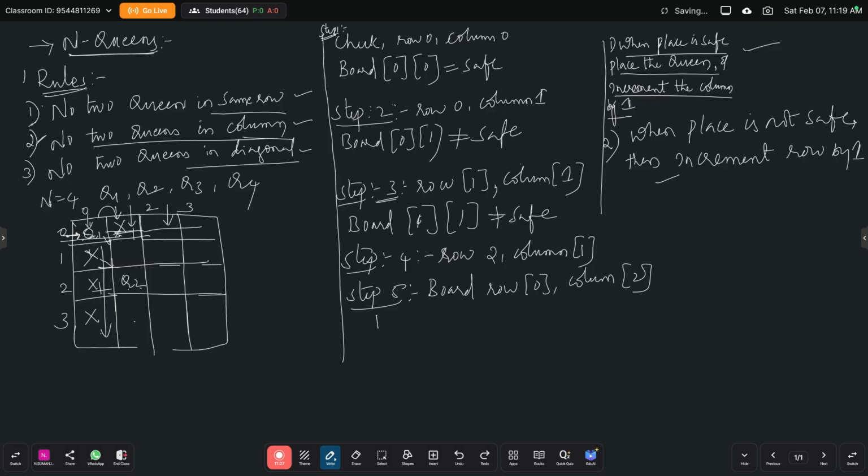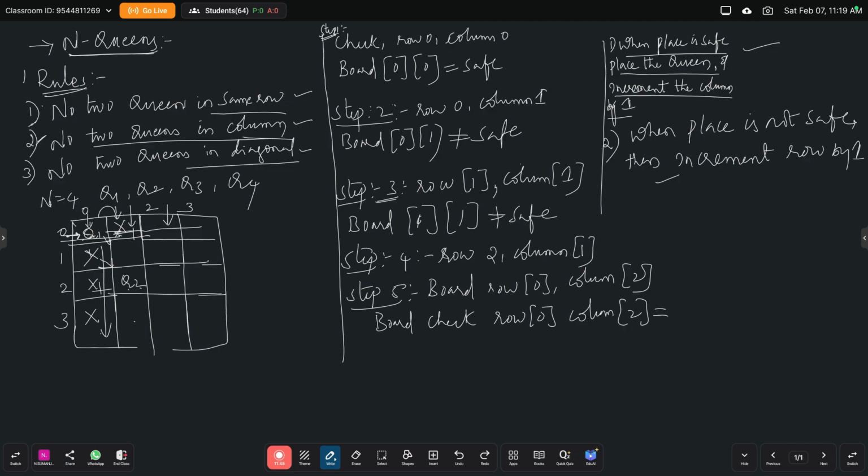Now check on the board whether row 0 and column 2 is safe or not. Is it safe?